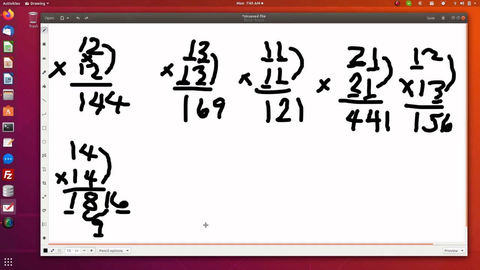Okay, one more example so that you can follow this. Let's say 23 times 23. So again, we will multiply 2 times 2 will give us 4.